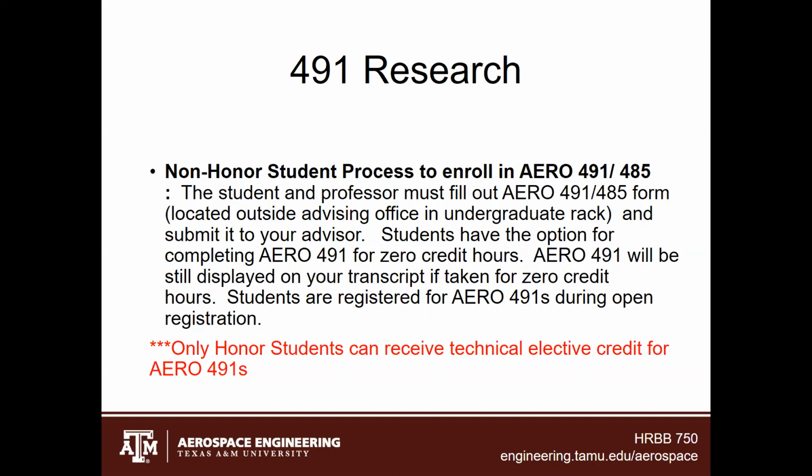Or you can take it for 1 to 4 hours, all right? Again, only honors students receive technical elective credit for 491s, and those honors students have to take at least 3 hours of research, okay? And you can split up the research. You can do 2 hours in one semester, 1 hour in another semester. It doesn't have to be all 3 in a semester. So, does anybody have any questions about that? Okay.